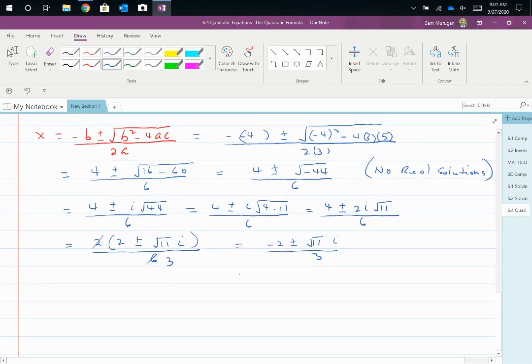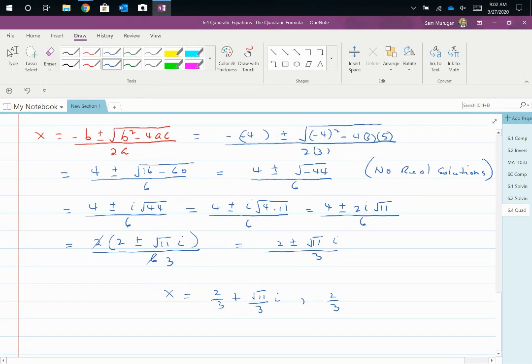So the complex solutions: x is equal to 2 over 3 plus √11 over 3 i, and, I'm sorry, this is not negative, it's positive 2 over 3.